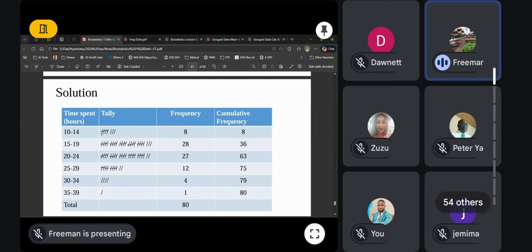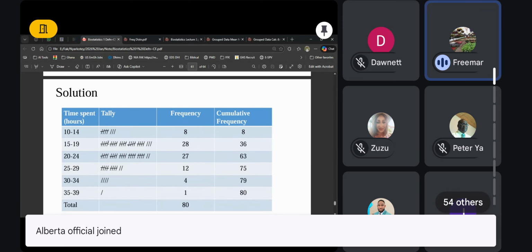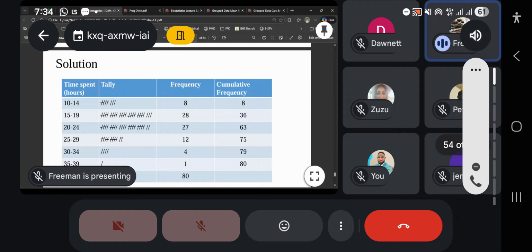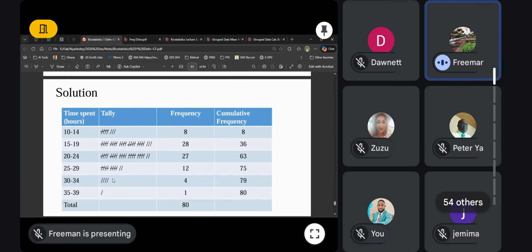Then I told you that when you get a 5th one, you use it to cross. So all these are 5, 5, 5, 5, 5. For you to count, this is 5 plus 3, which gives you 8. This is 5 plus 5 plus 5 plus 5 plus 5, that's 25 plus 3 gives you 28. 5 times 5 plus 2 is 27. 5 times 2 plus 2 gives you 12.